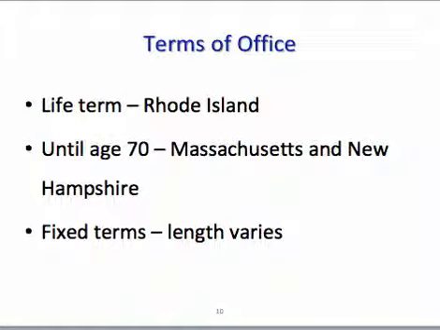Term limits and terms of office. Again, this is one of those it depends, it depends where you are. It varies widely. In Maryland, we have a mandatory retirement age of 70. Also in Massachusetts, New Hampshire, Rhode Island. In some places you get a life term. There are arguments on both sides of this.